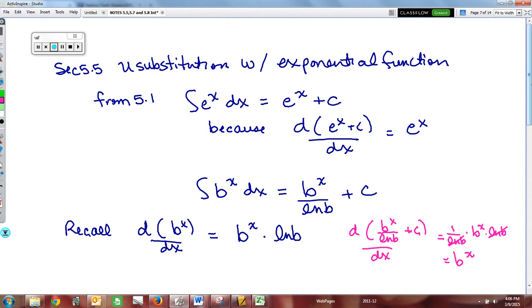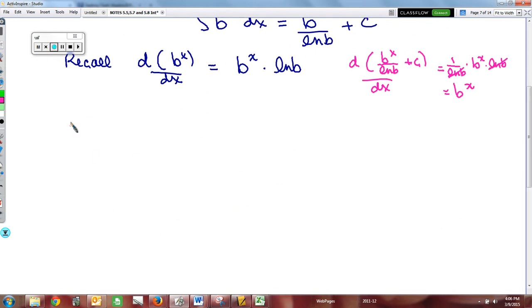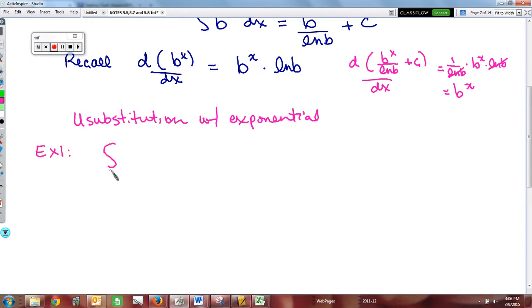So now that we have those, let's talk about what would happen if you had to do a u substitution with an exponential. All right, so for example, example 1. Suppose I wanted to integrate 5 to the 3x dx.